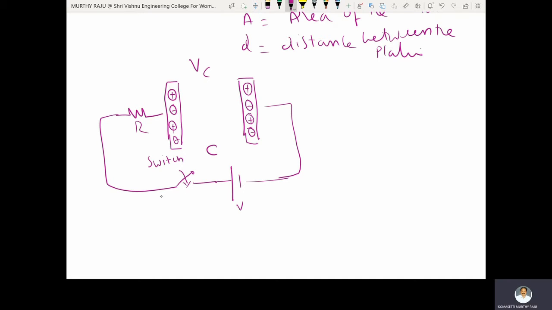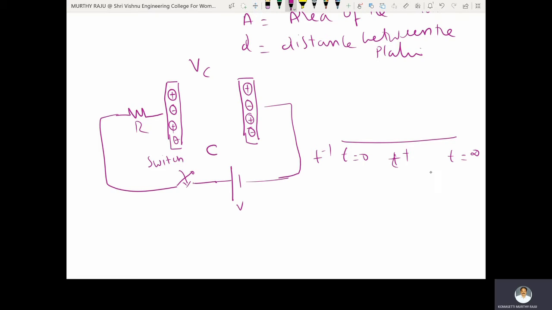Here, for time analysis, we consider t equal to 0, t minus, t plus, and t equal to infinity. At t equal to 0, the switch is suddenly closed. At t equal to plus, as time increases, the performance of the capacitor also changes.